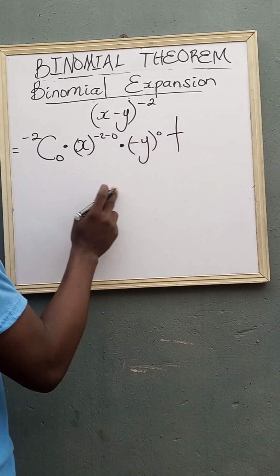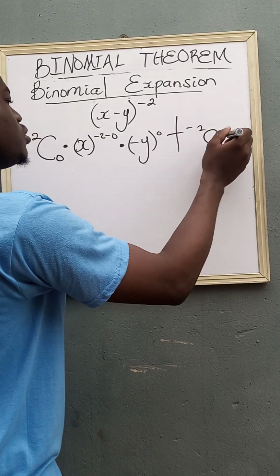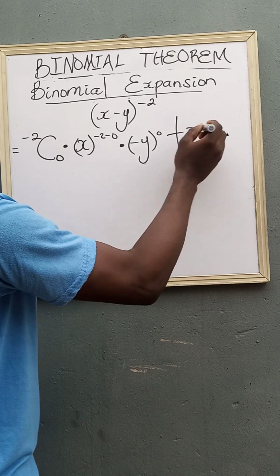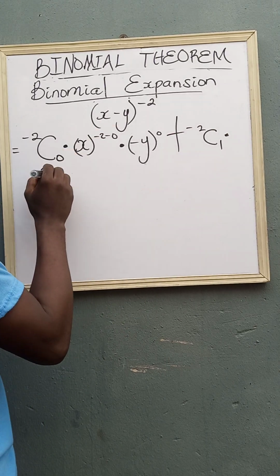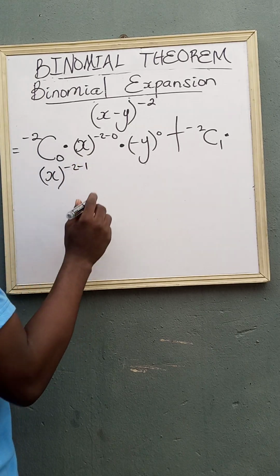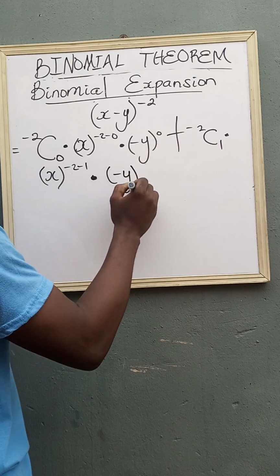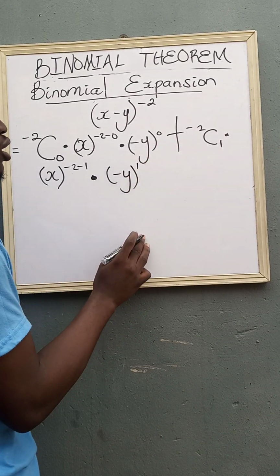Next term, minus 2 combination 1, multiplied by x raised to the power of minus 2 minus 1, multiplied by our next term, minus y raised to the power of 1, which is our r.